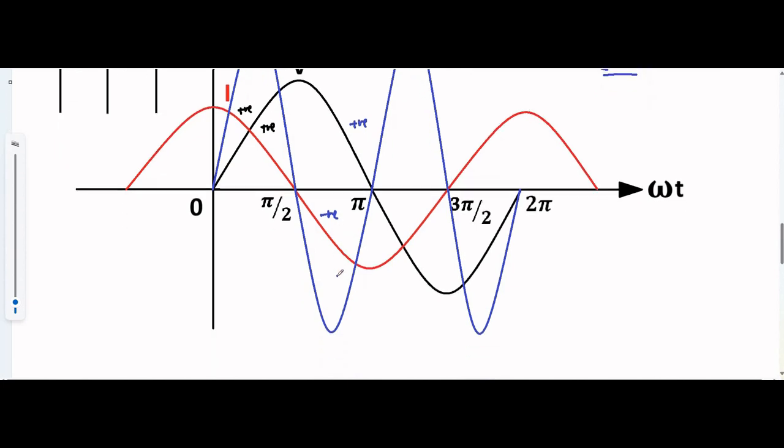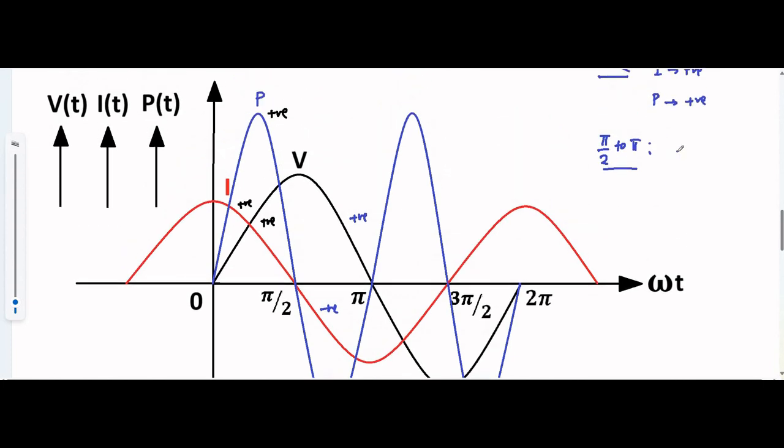The power waveform is in the downward direction from pi by 2 to pi. So voltage positive, current negative, power is negative.